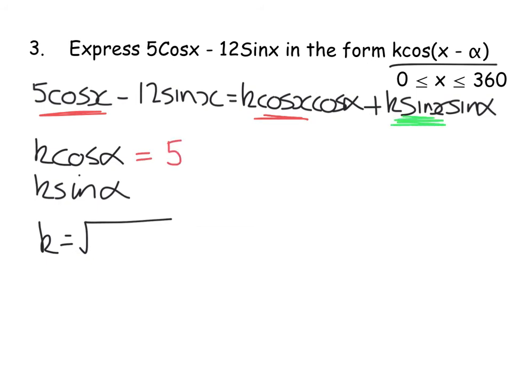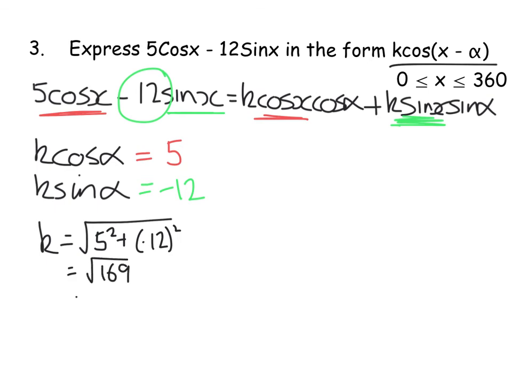Sine is with sine, and sine is with, careful this time, negative 12. So we finally got one with a negative in it. So from there, our k is the square root of 5 squared plus minus 12 squared, which gives us 169, which is 13. So I've got a nice number this time.